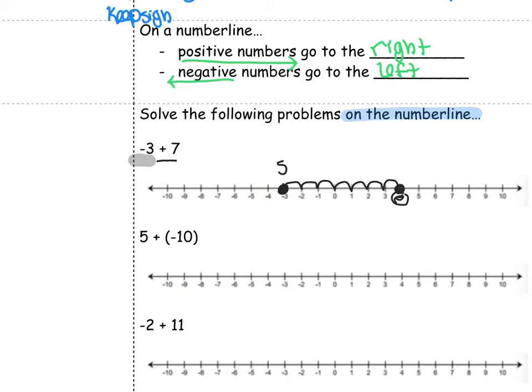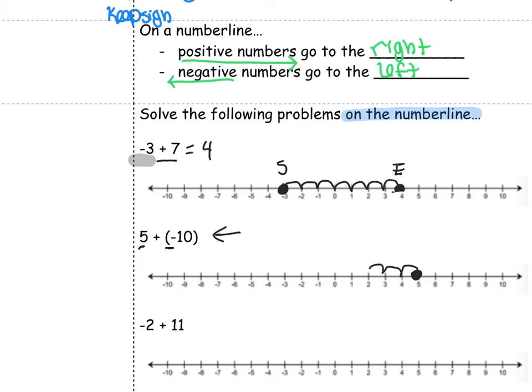Let me clean that up a little for you. This is my ending number. So negative 3 plus positive 7 gets me to 4. Where if I start at, let's say, 5, and I add a negative number, negatives go to the left because we're going down, we're getting less.